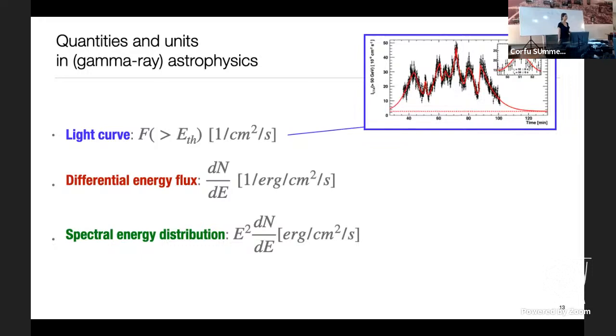It's extremely important that every time you see a light curve, especially if you do quantum gravity, you pay attention to the energy threshold or the energy band in which you are looking at it. So as Maurizio said before, please always look at the axis and what the plot is really telling you. Before even looking at the data, look at the axis and the energy in which you are focusing the attention.